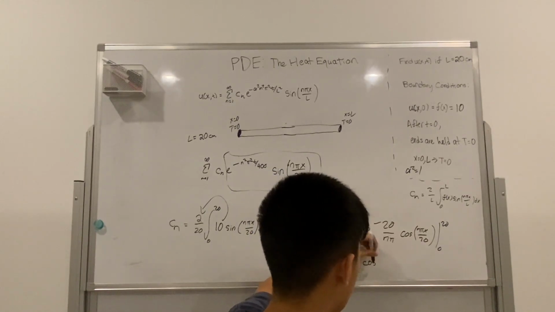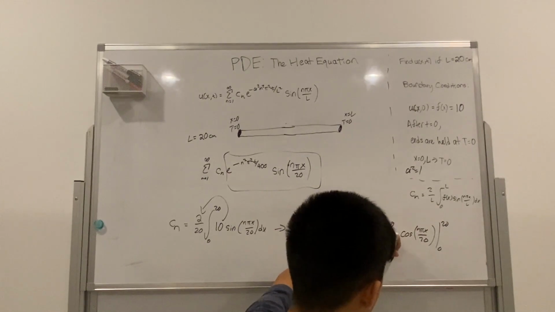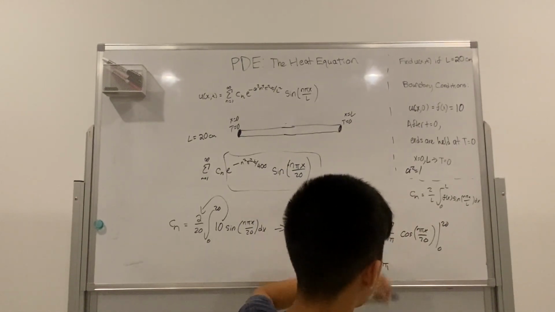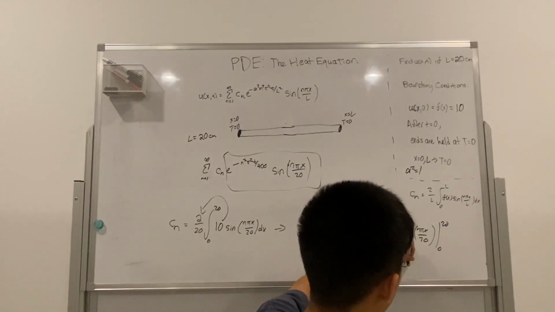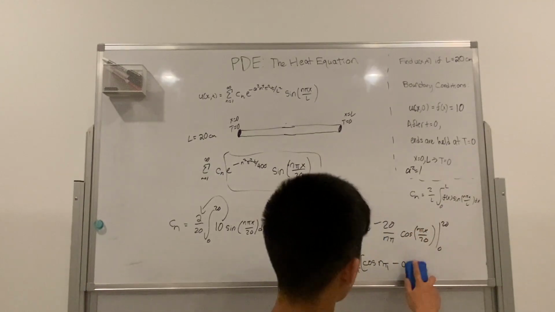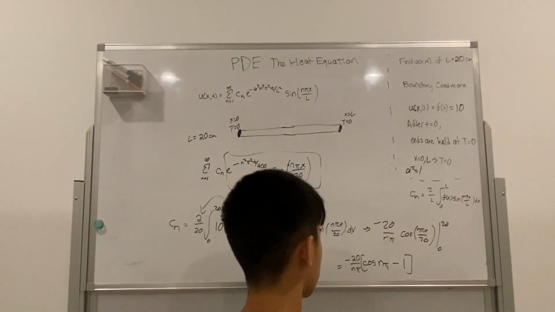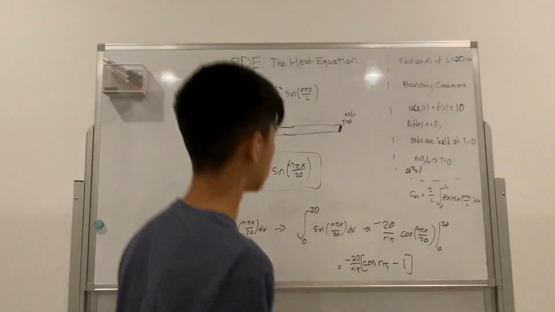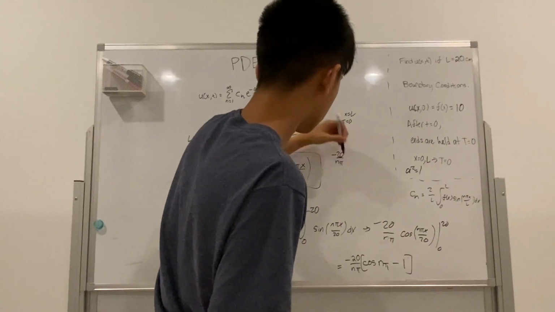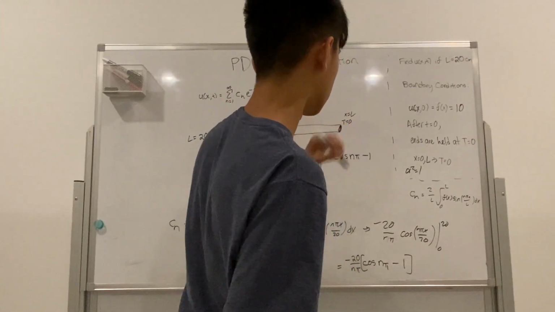So that's cosine of n pi 20 over 20, so that's just n pi, minus cosine of 0. You plug in 0, that's always 1. So it's just cosine n pi minus 1.